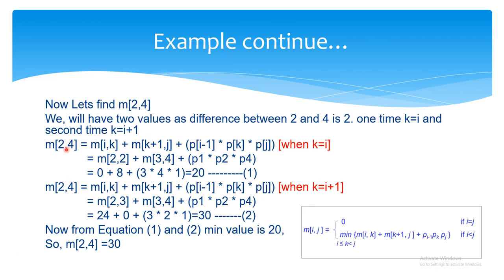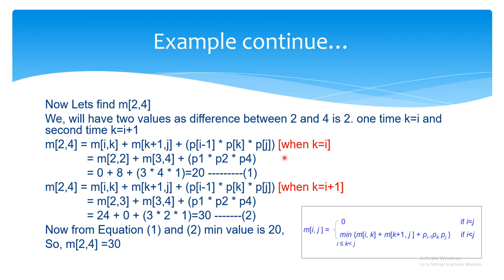Let us calculate one more: M24. The difference between 2 and 4 is 2, so in one equation you have to take k equal to i, and in the next equation k equal to i plus 1. If you put all these values you will get the value 20 in the first equation and 30 in the second.